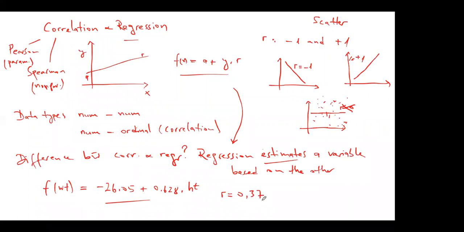A positive relationship. And it is not strong. It is a weak correlation, because the maximum values are -1 and +1. This is around 0.3, which is less than half of the absolute maximum value. So it is a weak correlation.